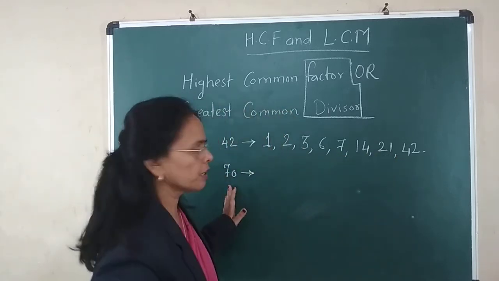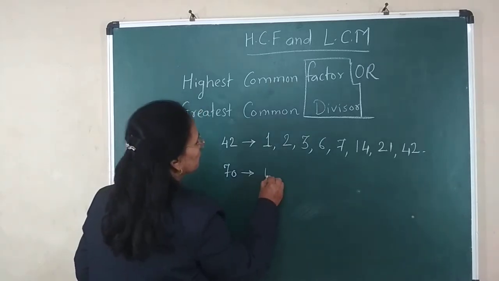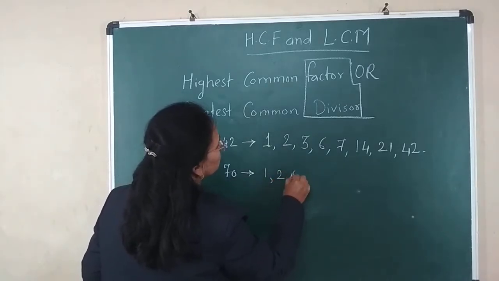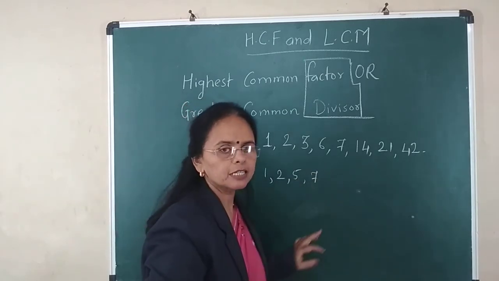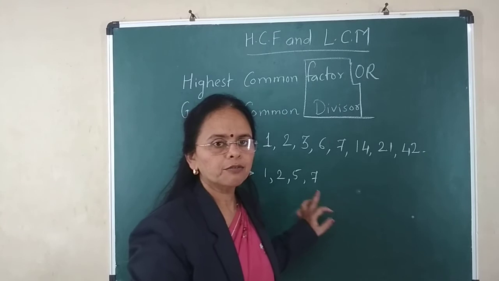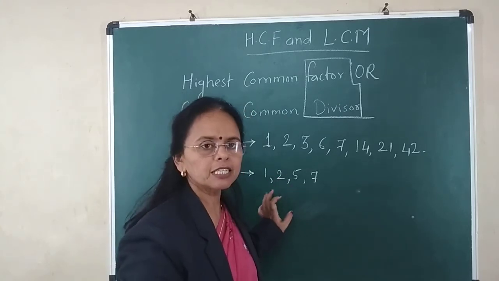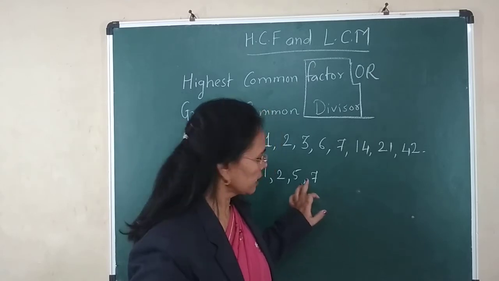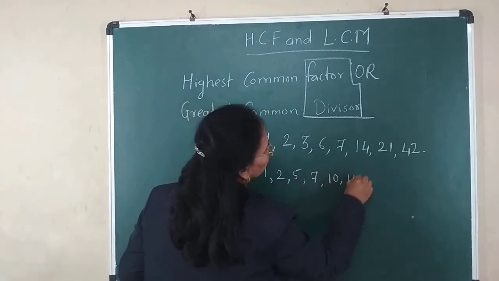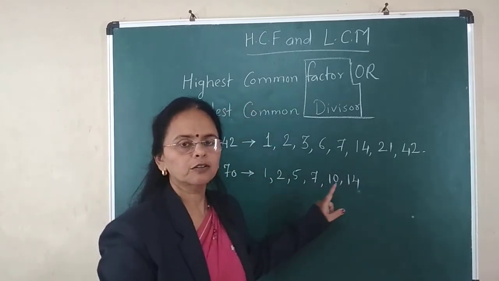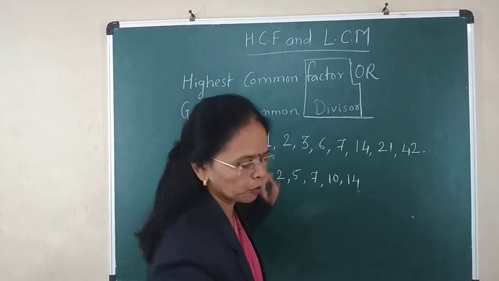The same I will take for 70. 1, 2, 5, 7, 70 comes in the table of 7. That means 70 is divided fully by 7. 10, 14. It is also divided by 14. Okay?